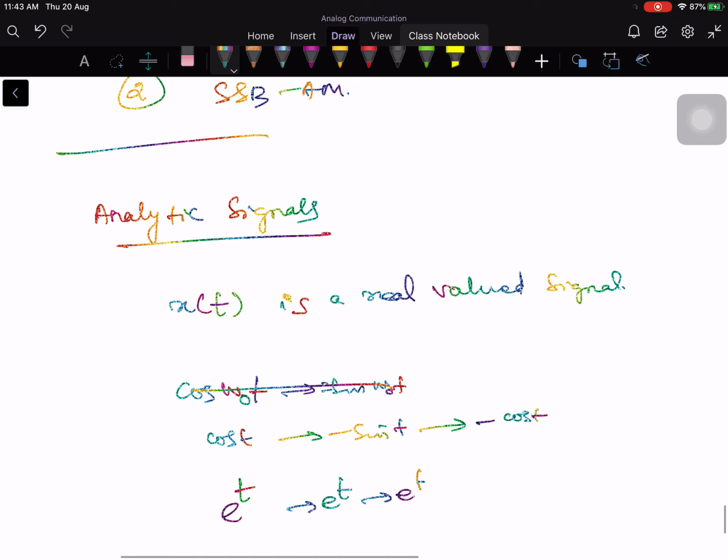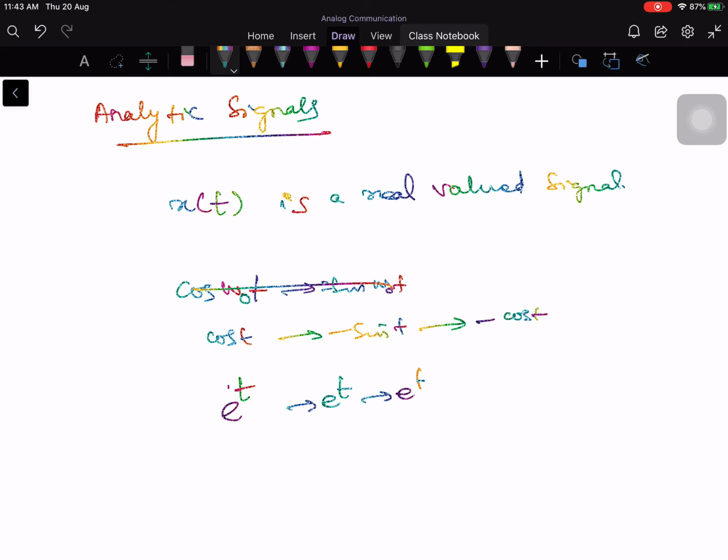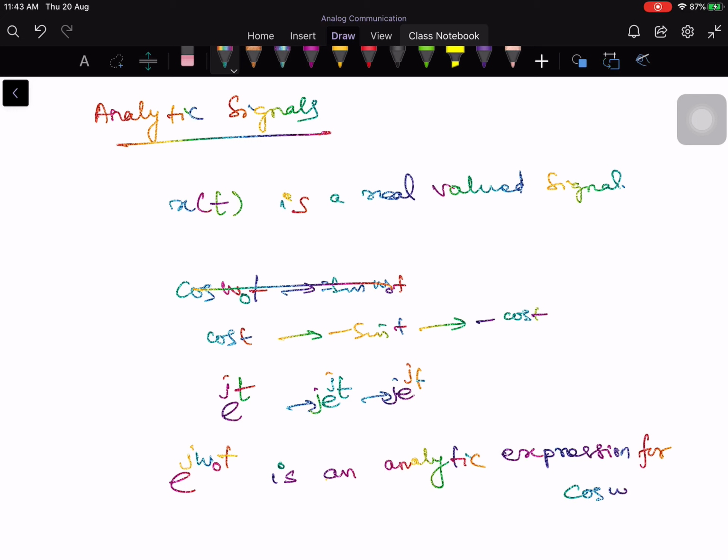Whether you integrate or differentiate, nothing changes. So e power j omega naught t is an analytic expression for cos omega naught t. Of course, the j factor will come in front, it is not an issue.